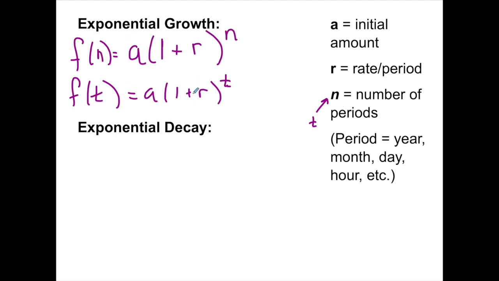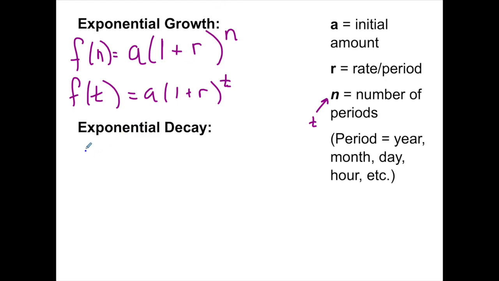Okay, so either one of these means the exact same thing. It's just different lettering. Eventually where we're going to go with this is more complicated exponential growth. For example, when I give you a yearly rate, but the growth is actually being done more than once per year, like what you guys saw with the Exploration Google spreadsheet where we talked about paying off debt. That's a situation that's a little bit more complicated than this.